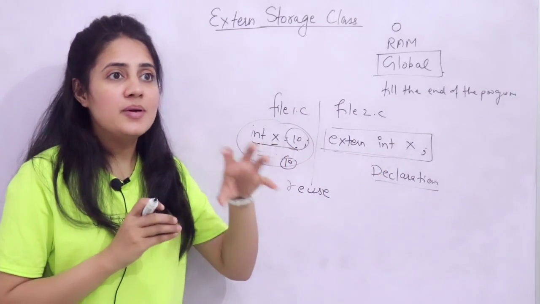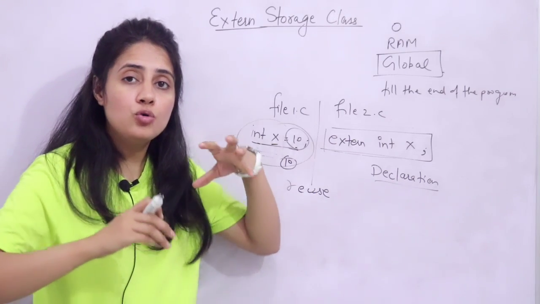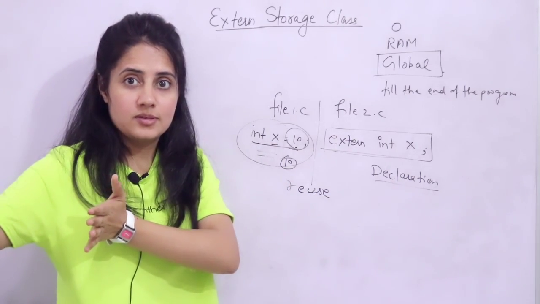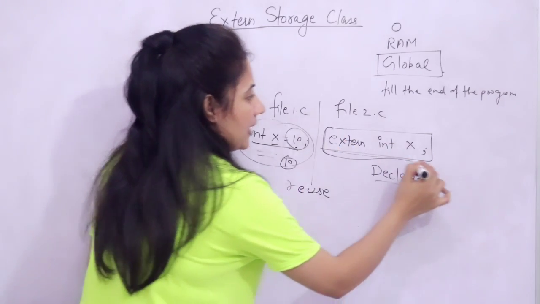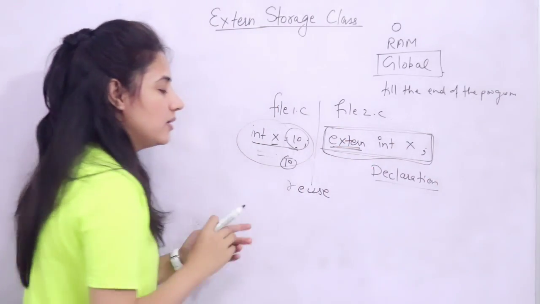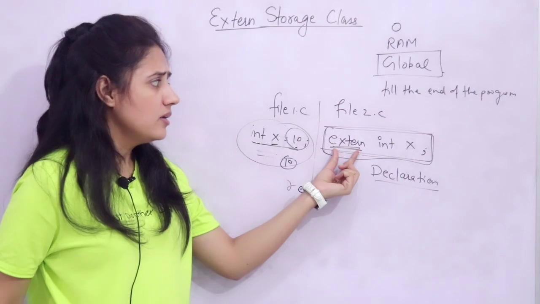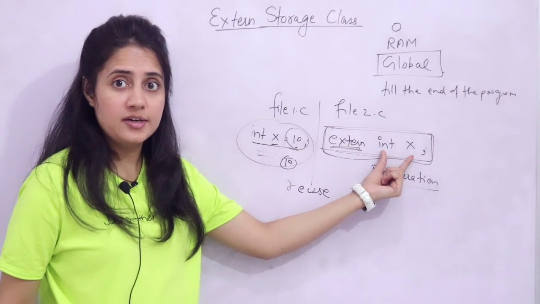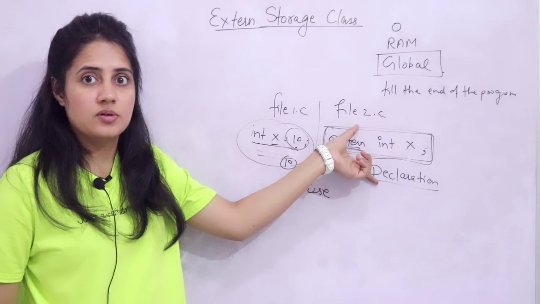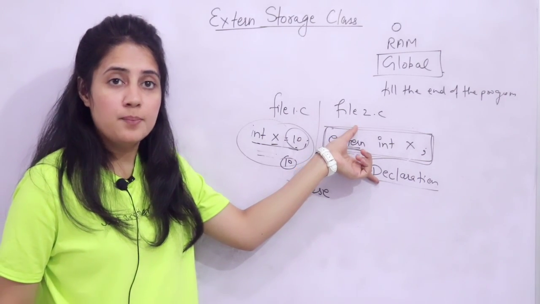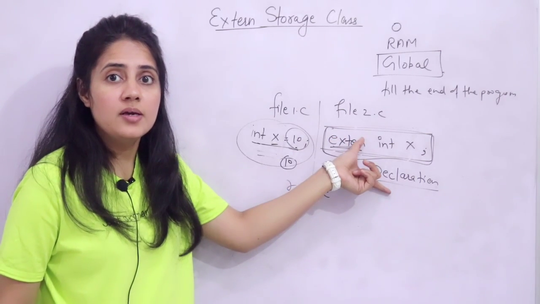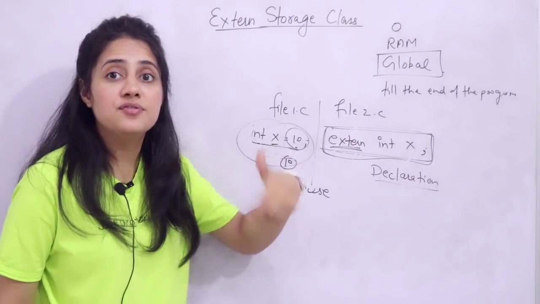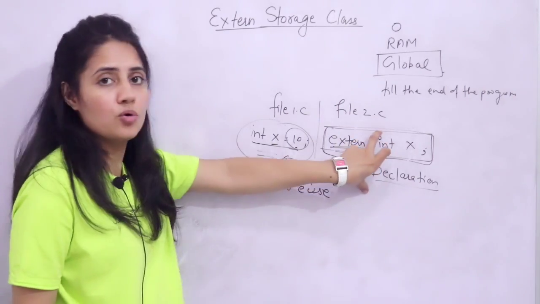So the extern keyword basically we use when we want to access a variable from another file. It will tell the compiler that this x is not being defined here in this block. This x is defined maybe in another file or maybe in the same file, but not in the same block.